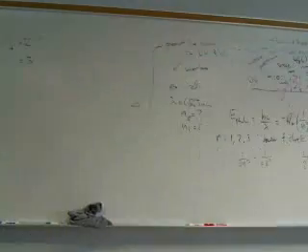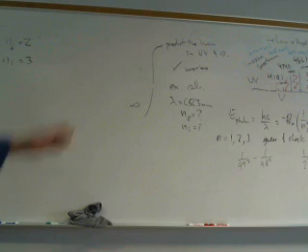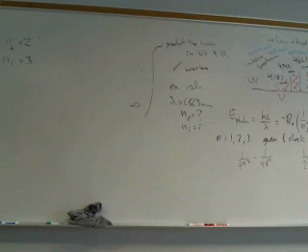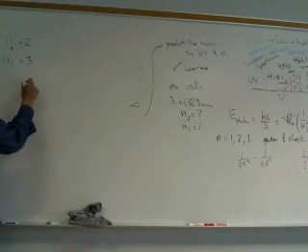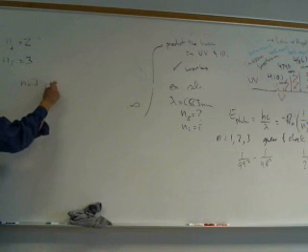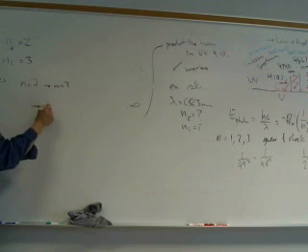We can predict other lines. I can predict any line in that spectrum. For example, I could predict that there should be a line at n equals 7 to n equals 2, and then figure out where that is. It turns out this is going to be in the UV.